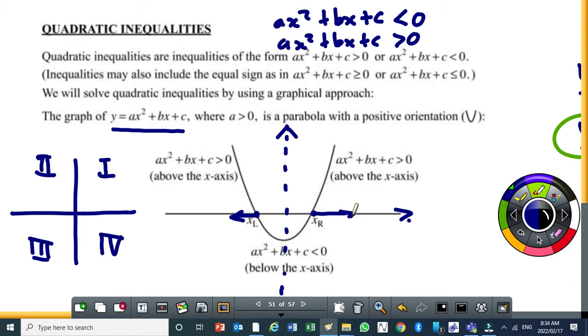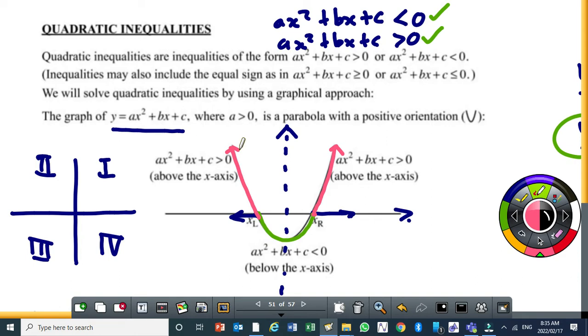But then between this x-intercept and that x-intercept, y is negative. So for that one there, we'll be talking about this region here. Okay? Then, for the case when the trinomial is positive, we'll be talking about from here going all the way up to positive infinity. And when I say positive infinity, I'm referring to the x values.